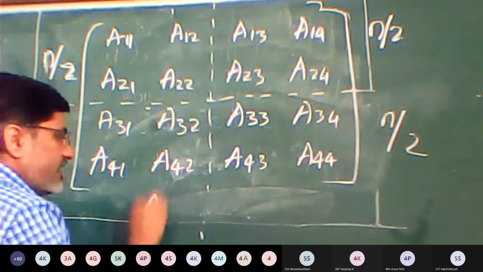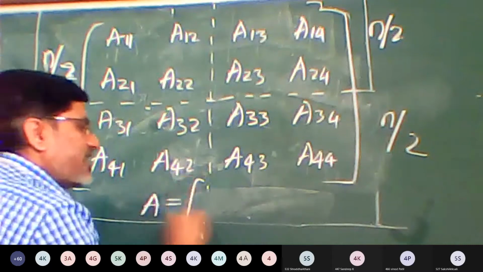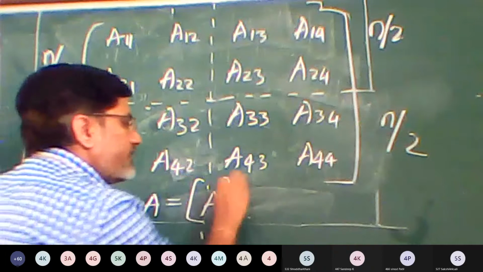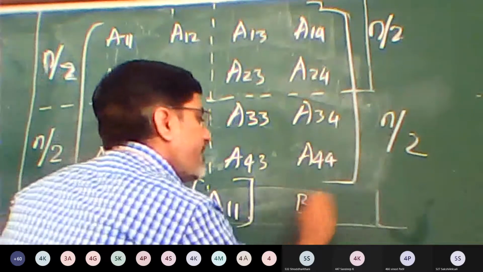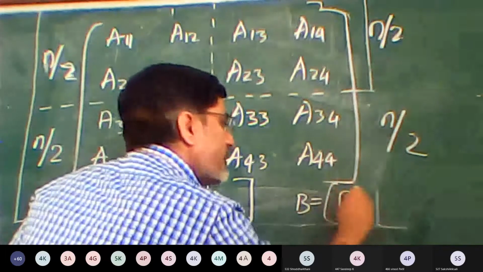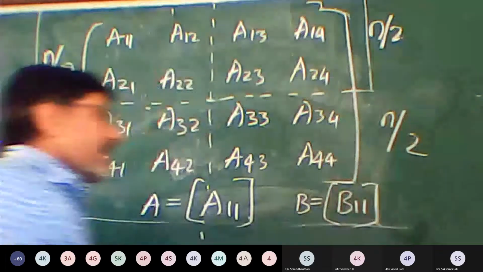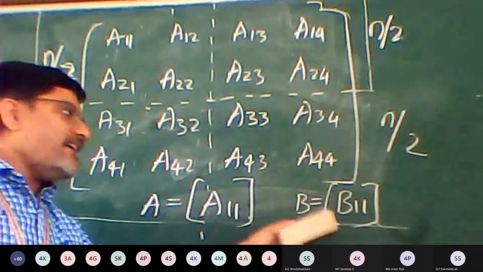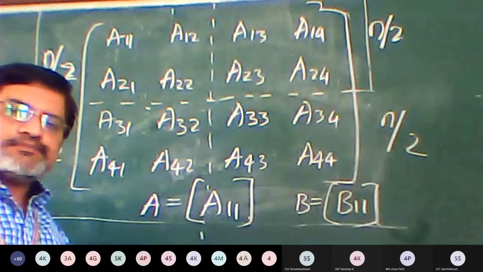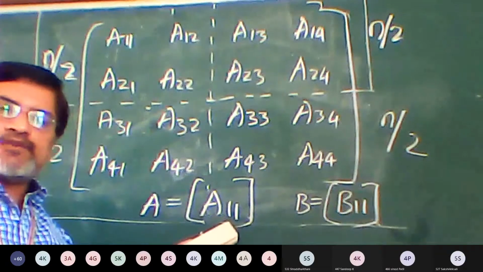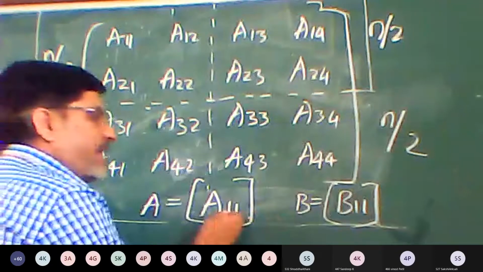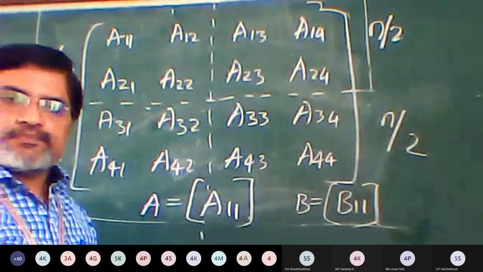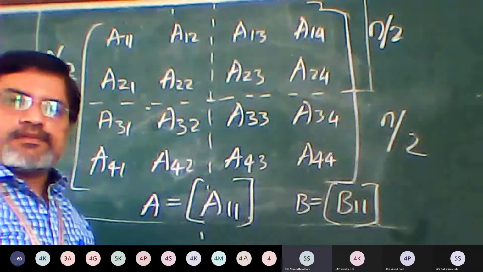Suppose A is a matrix with the element A11, and there is one more matrix B containing only B11. Can we directly perform the multiplication here? Yes. How? C11 is nothing but A11 into B11. Yes or no? Yes, sir.